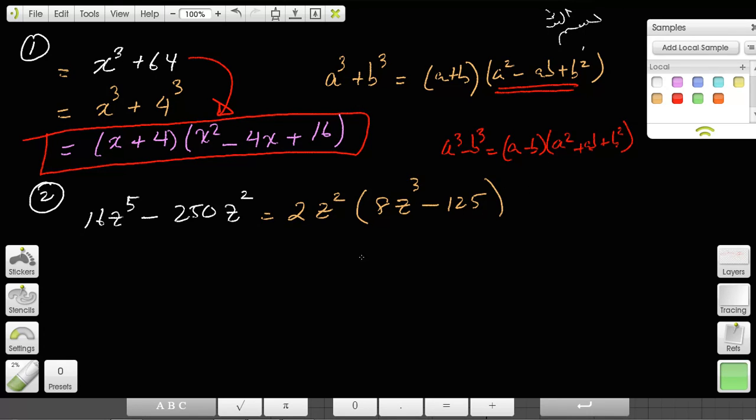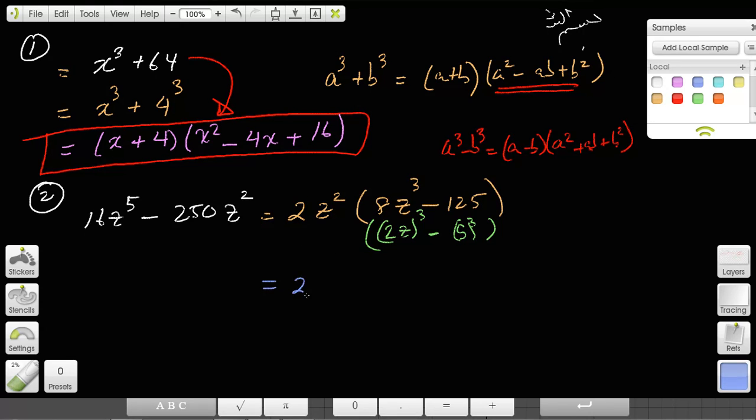So, yes, it is. Because here this is 2z cubed, that's a, because that's 8 and z cubed, and minus this is 5 cubed. 5 cubed is 125. Okay, that's b.